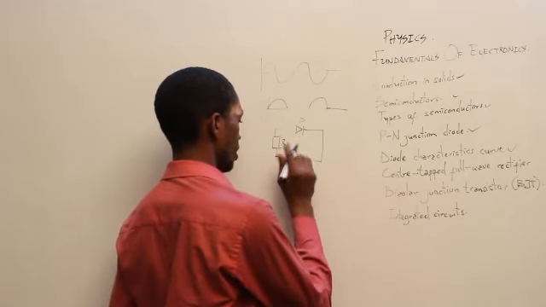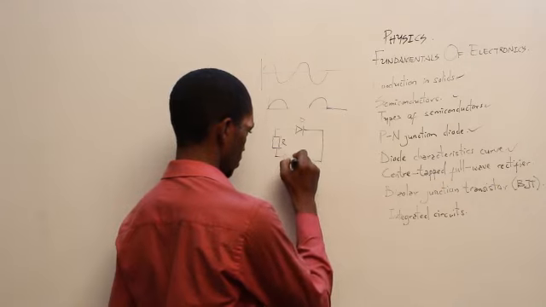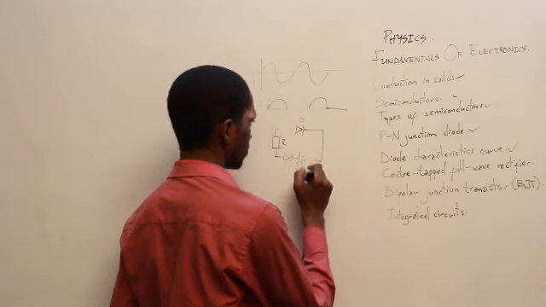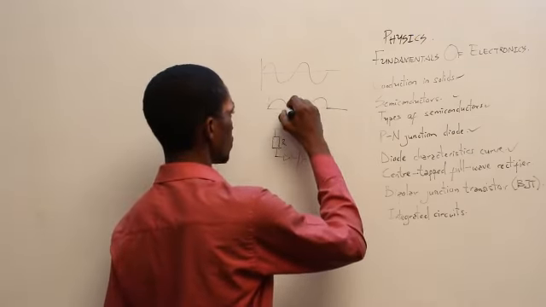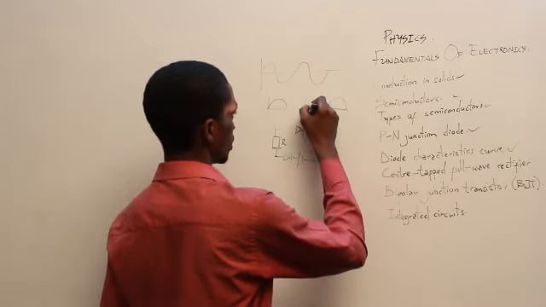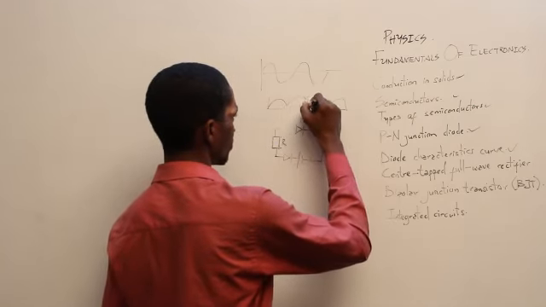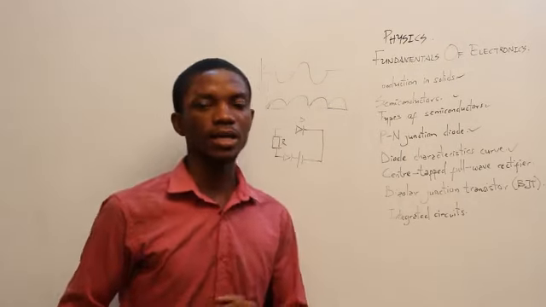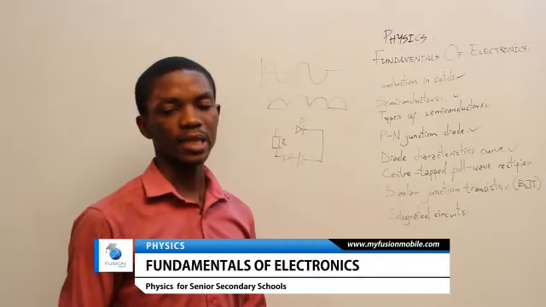So we have something like this and our output becomes this. So no electricity is lost. All the electricity input is now being converted, and everything is now going to flow in the proper direction.